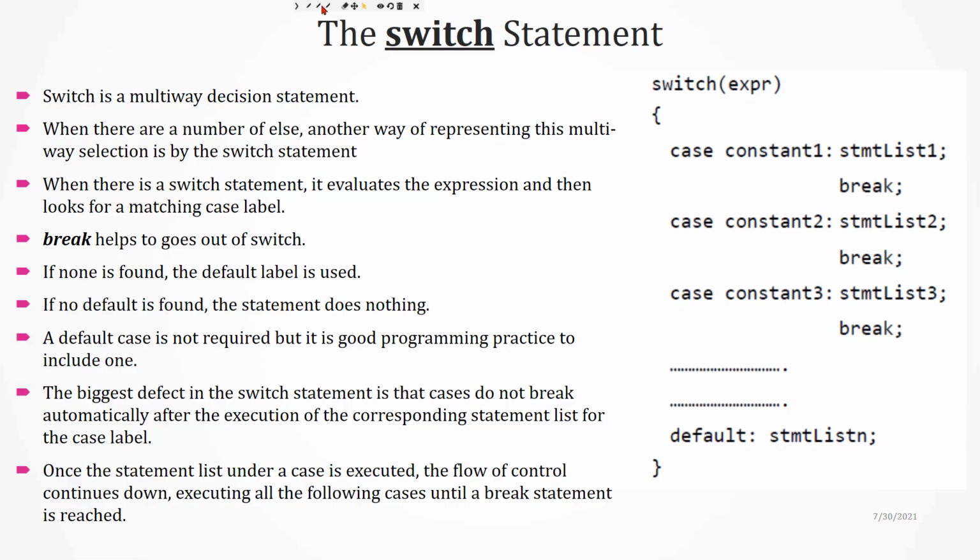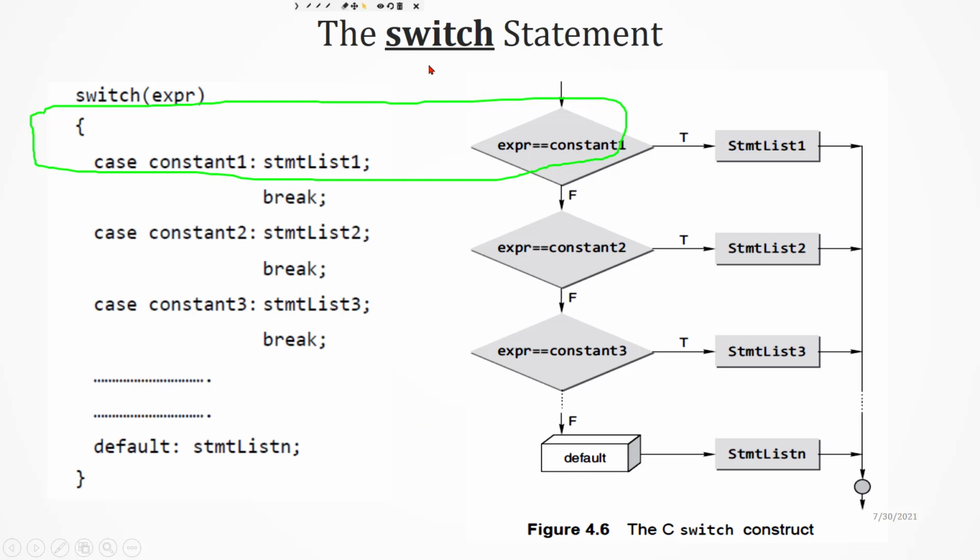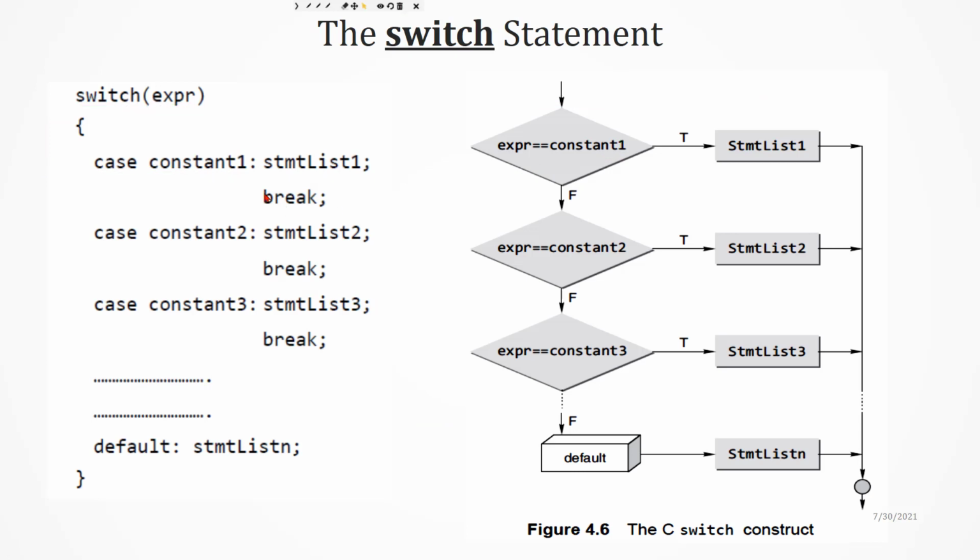So the key point is here. When there are a number of else, if you remember the if-else ladder, it will be very easy to understand. When there are a number of else, another way of representing this multi-way decision is the switch statement. Just keep that in mind. The same syntax is given here.